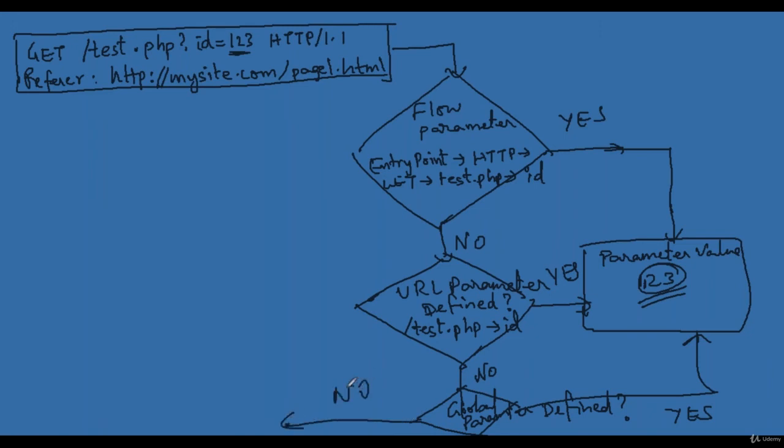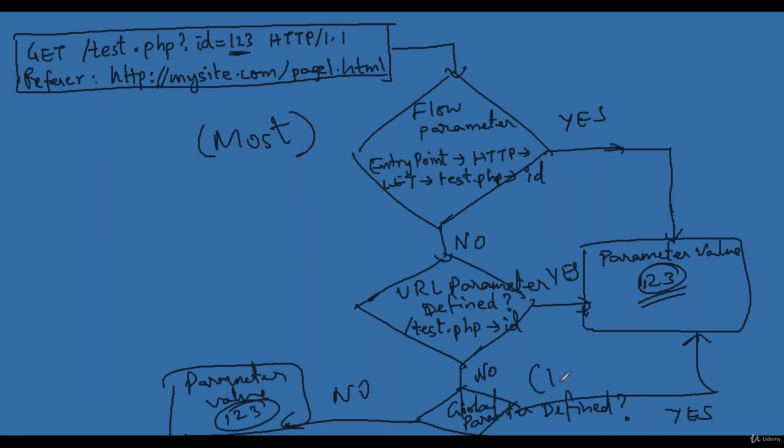Again, if it is not defined, then for the parameter value 123, it will check whether it is disallowed, unless there is any wildcard which exists. So this is the exact traffic flow in terms of parameters. It always goes from most specific to least specific, with flow parameter being the most specific and global parameter being the least specific.